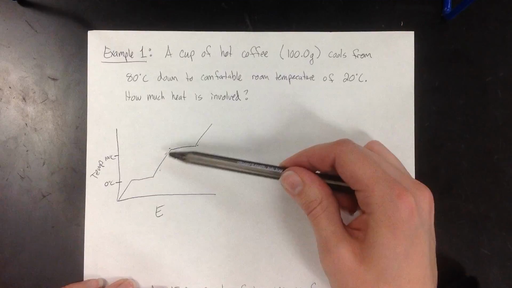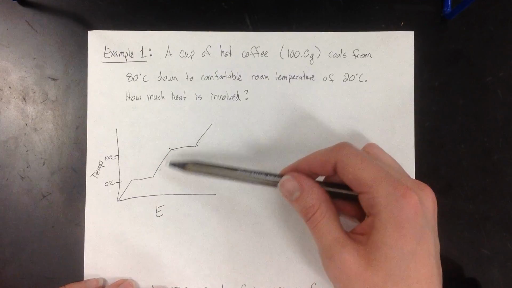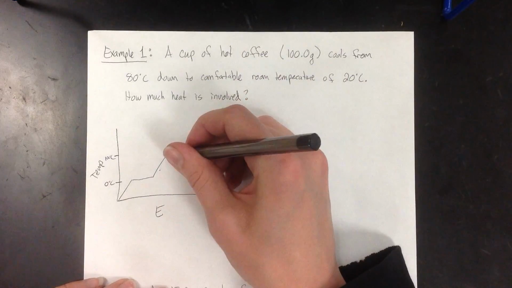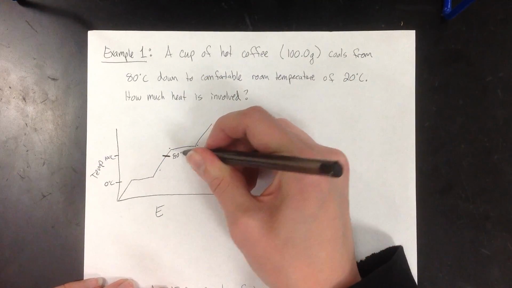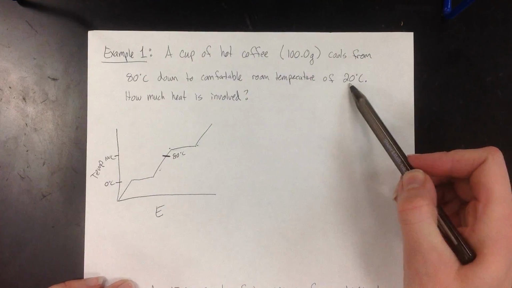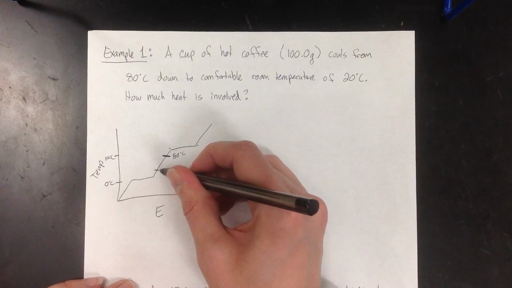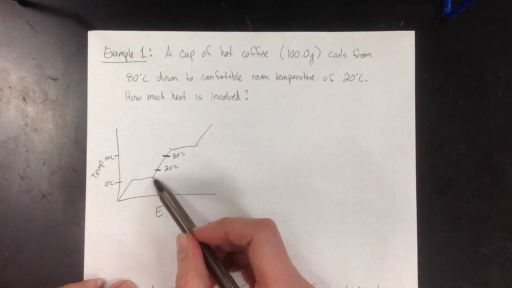Well, here's 0, here's 100. Both of my numbers are between 0 and 100. So I'm going to start right about here, and I'm going to call that 80, slightly less than 100 degrees. And I'm ending at 20, so I'm going to end somewhere here, above 0 degrees.